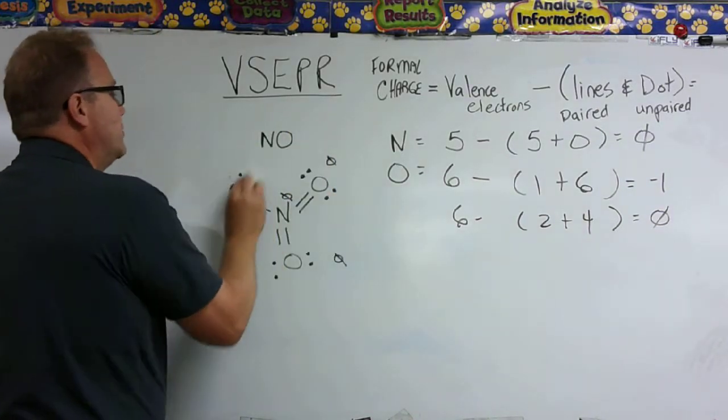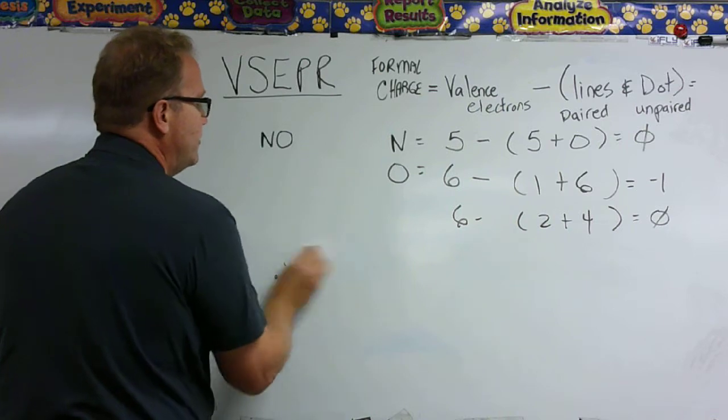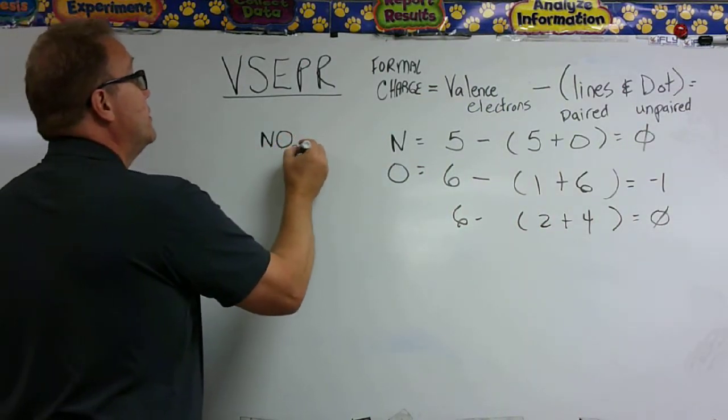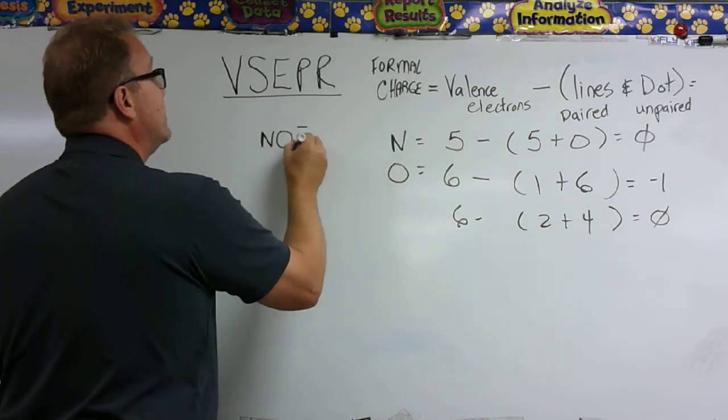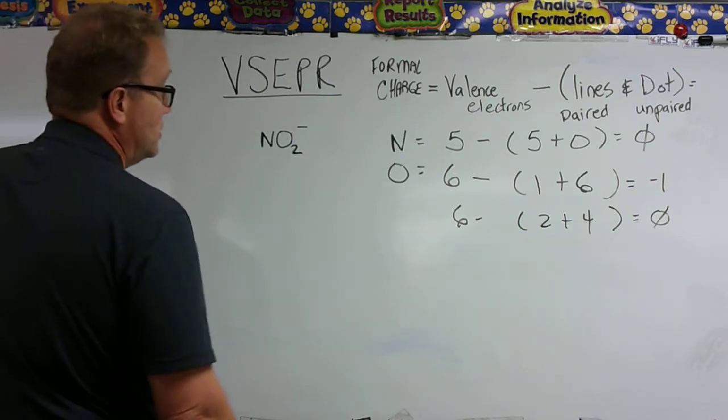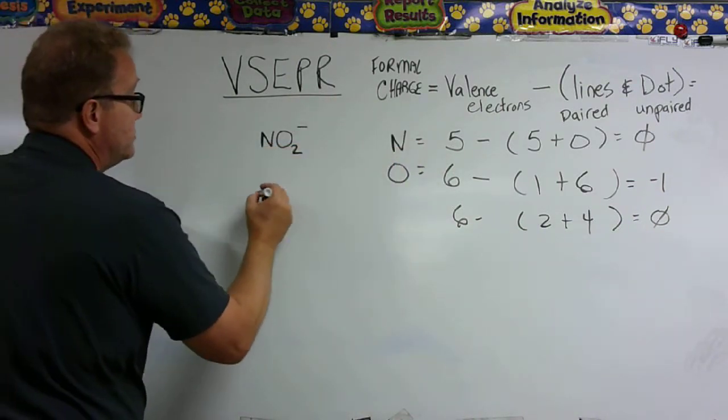Let's change this out a little bit. Make this another polyatomic ion, which is called the nitrite ion. Now you can kind of see what I'm doing here. I'm going to keep these numbers up here.